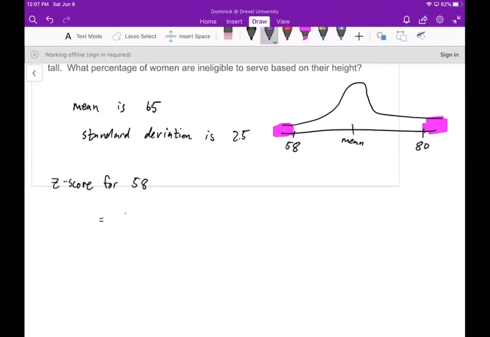All right, so let's find our z-score for 58. That would be 58 minus 65 over 2.5. So once we calculate it, it would be negative 7 divided by 2.5, so we get that this z-score is negative 2.8. I shouldn't say approximately, this is actually just equal.